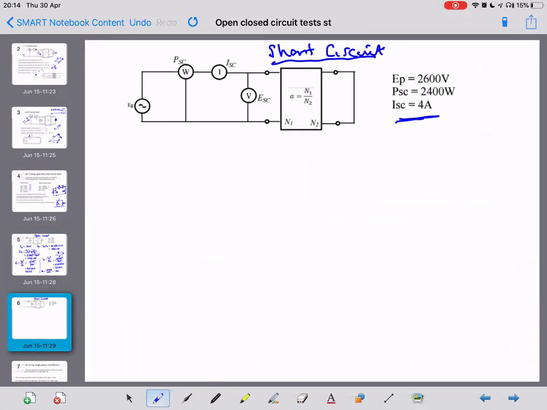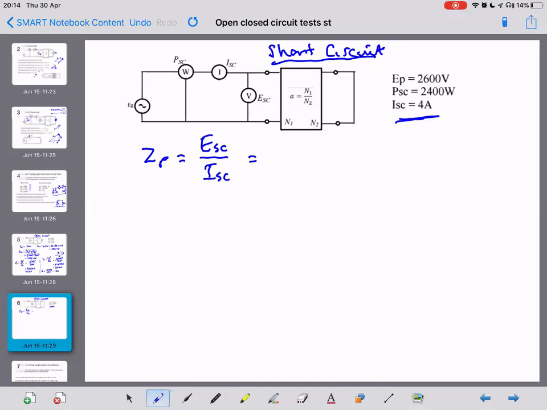These are the results. And from the short circuit test we can find ZP from E short circuit over I short circuit.